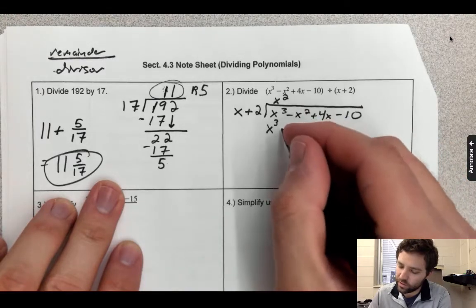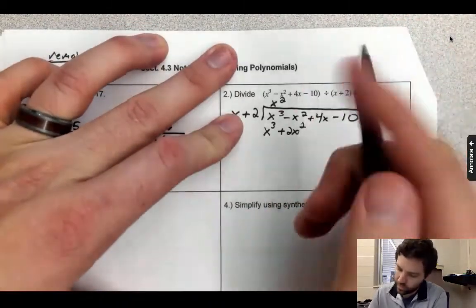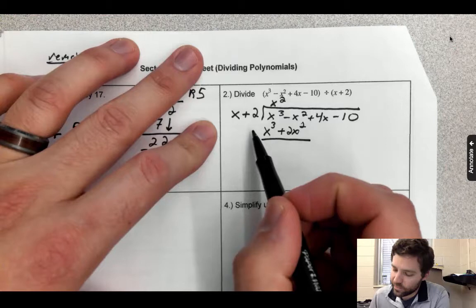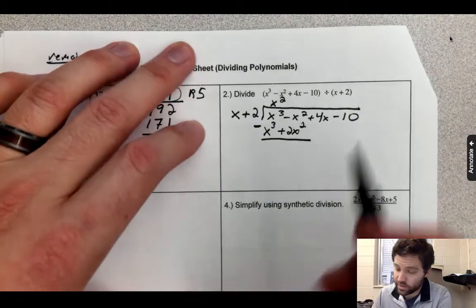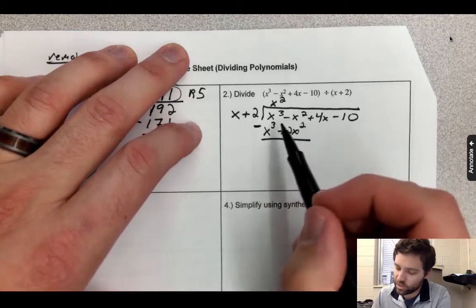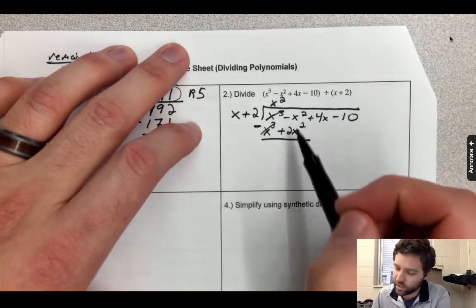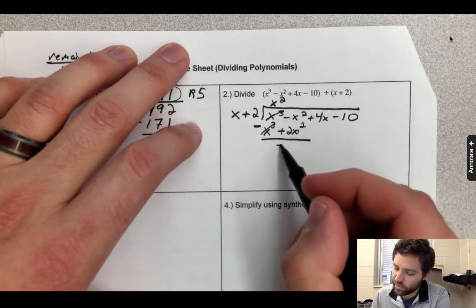So it's going to be plus 2x squared. Now, I'm going to subtract. Remember that you're subtracting up here. I'll show you a different way to do this in a second, but for right now, let's just remember that we're subtracting. x cubed minus x cubed is 0. That's what we wanted. Negative x squared minus 2x squared is going to be negative 3x squared.